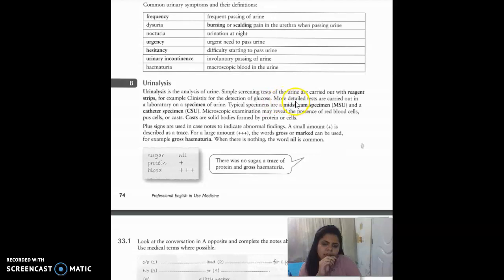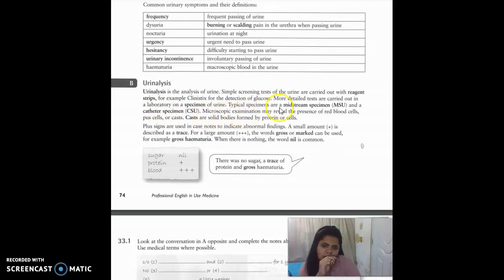More detailed tests are carried out in a laboratory on a specimen of urine. Typical specimens are a midstream specimen and a catheter specimen.